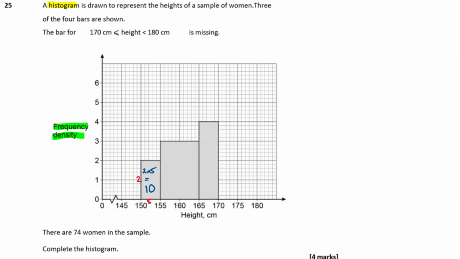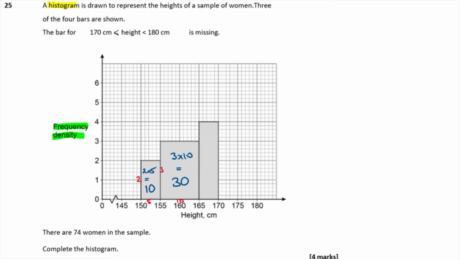So there are 10 women in that first rectangle. Now the second rectangle has a width from 55 to 65, that's a width of 10, and a height of 3, so its area is going to be 3 times 10. That tells me that there are 30 women in that range.